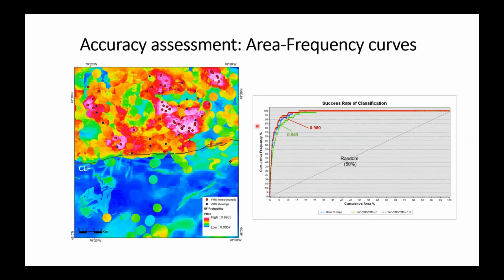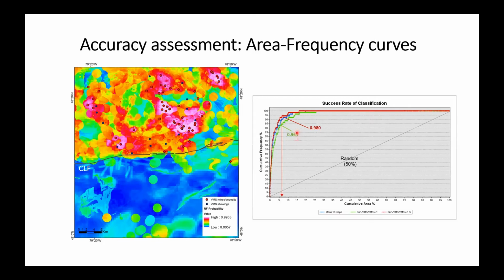The one in red is for ratio 1.5, and the one shown in green is for ratio 1. And we can see that ratio 1.5 shows a little bit better performance because of the area under the curve.